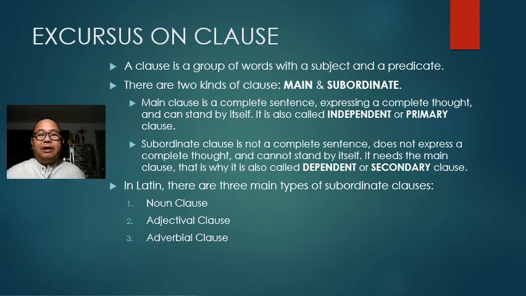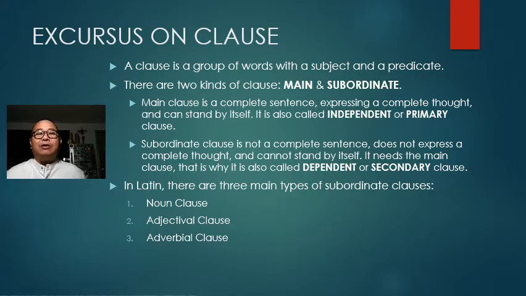So, in English grammar, we identify two groups of words. One is clause, the other is a phrase. The difference between the two is that the clause has a subject and predicate. A phrase is just a group of words, no subject, no predicate.